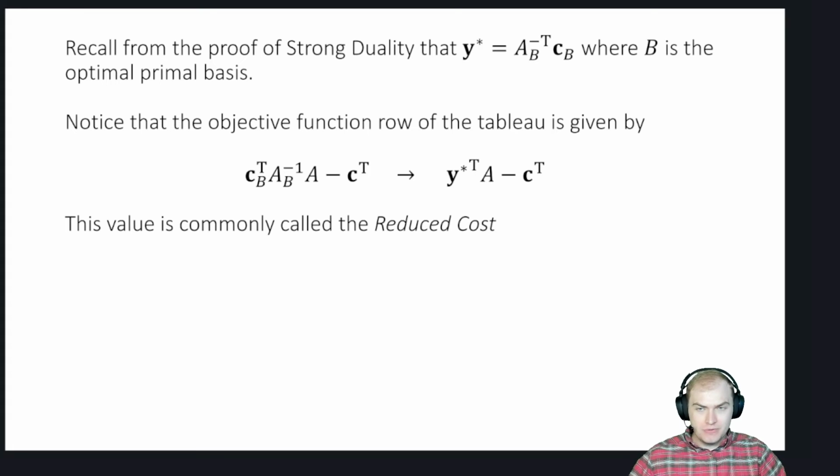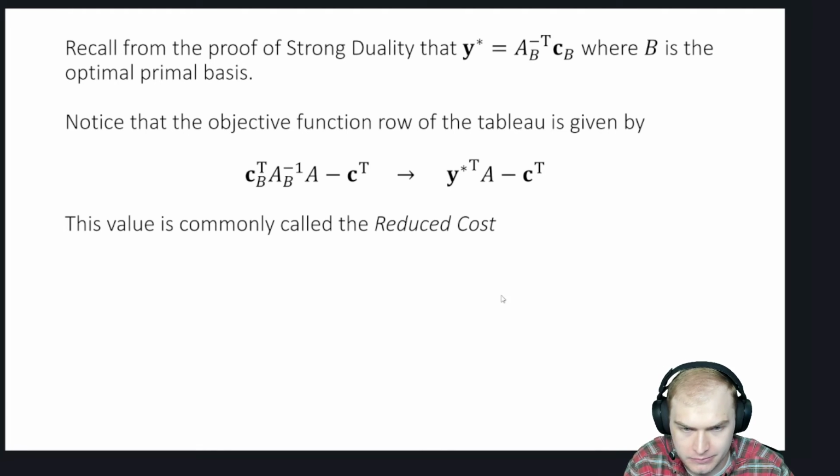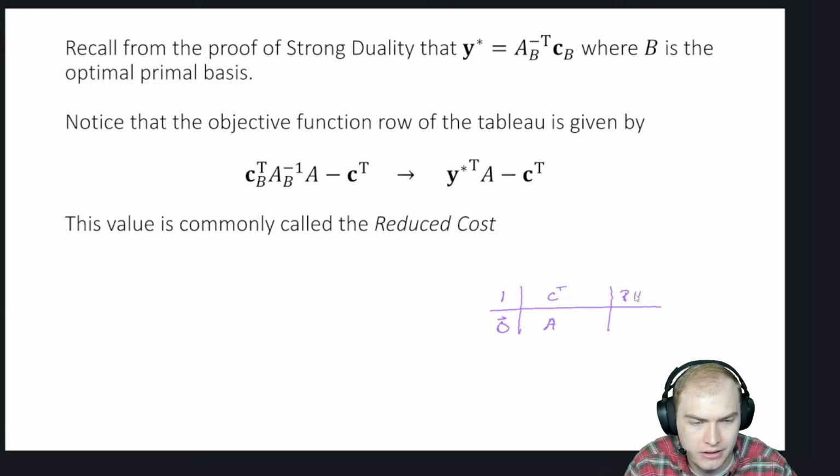We're going to talk about reduced cost real quick. The reduced cost is just the objective function row in our tableau. So remember we have a tableau: 1, 0, sum A, and then we have the objective function, and then the right-hand side and then the B vector.